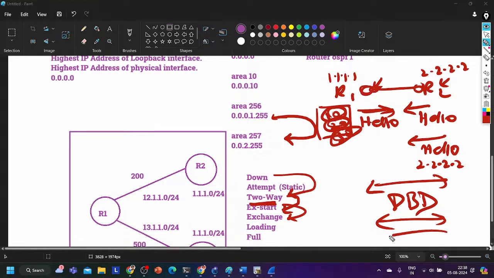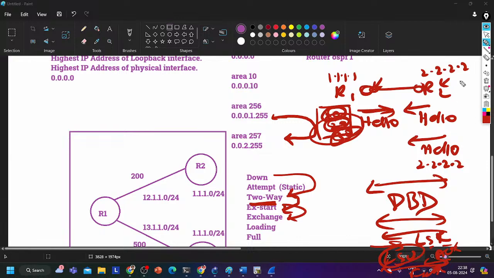So it is going to send what? LSR. In which state? In the Loading state. LSR, link state request, means router 2 will request these two networks' information. Then in the same Loading state, the router is going to send LSU, the update message. And then router 2 will send what? Acknowledgement. And after exchanging the acknowledgement, neighborship will come to Full state.